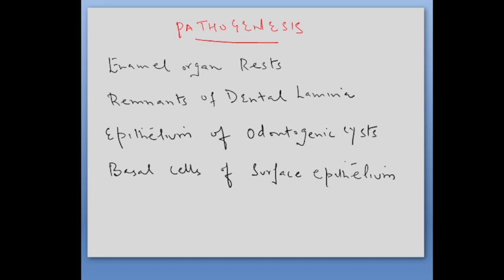Ameloblastoma can also arise from remnants of dental lamina, epithelium of odontogenic cysts, or basal cells of surface epithelium. The epithelium of odontogenic cysts can give rise to unicystic ameloblastoma, whereas peripheral ameloblastoma is believed to arise from basal cells of surface epithelium.